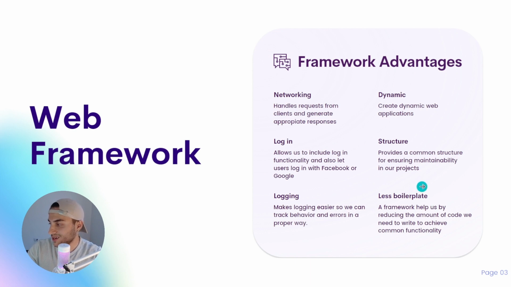And finally, less boilerplate, because as we don't have to code all these things from scratch, and some of them are very repetitive among applications, then with some simple lines of code we can configure and make use of these things that the framework provides to us.